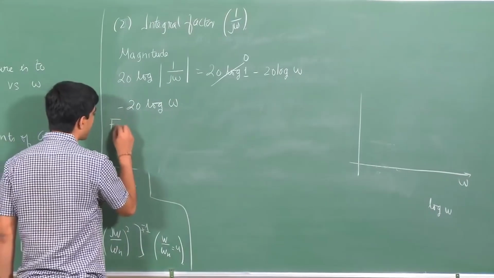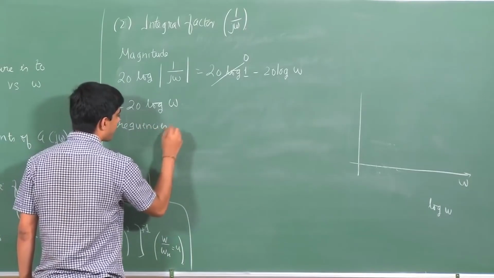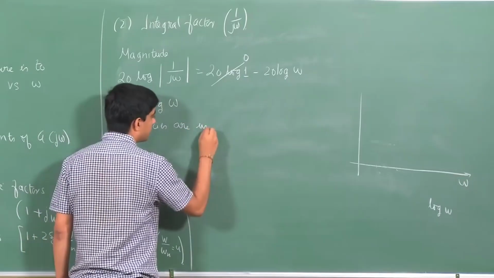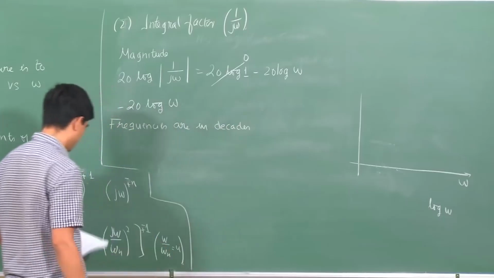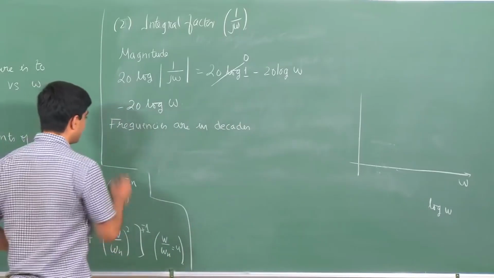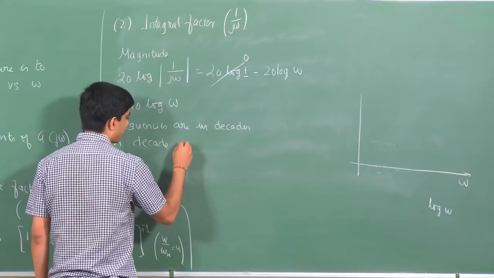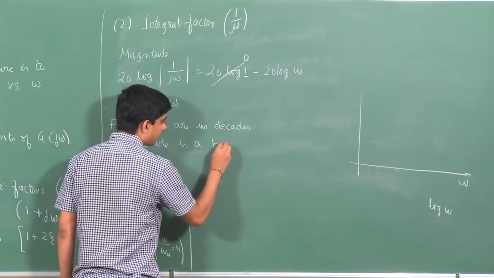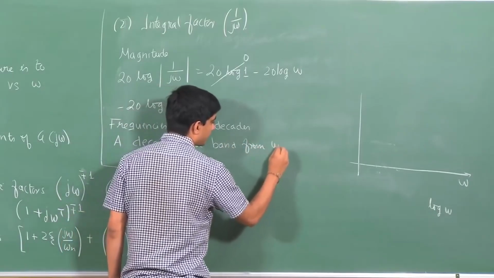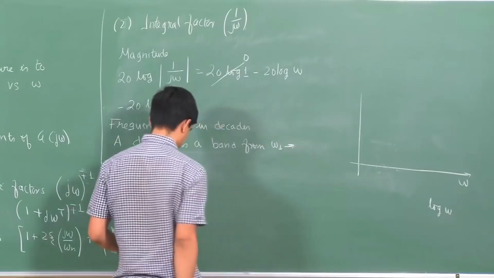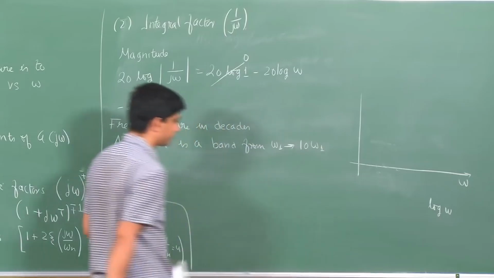The frequencies are in decades, and there's a good advantage to doing it in decades. A decade is a band from some frequency omega 1 till 10 times omega 1.